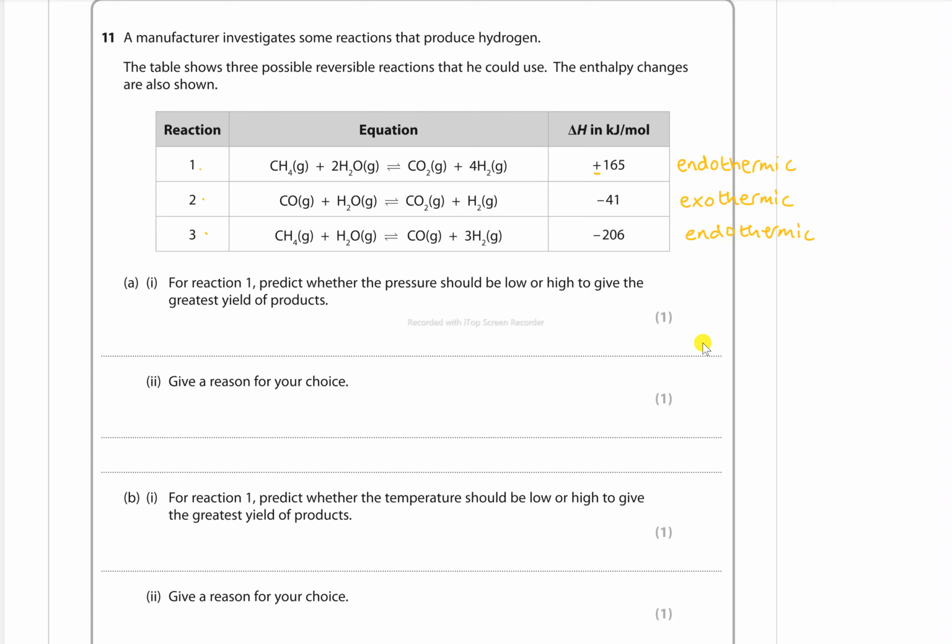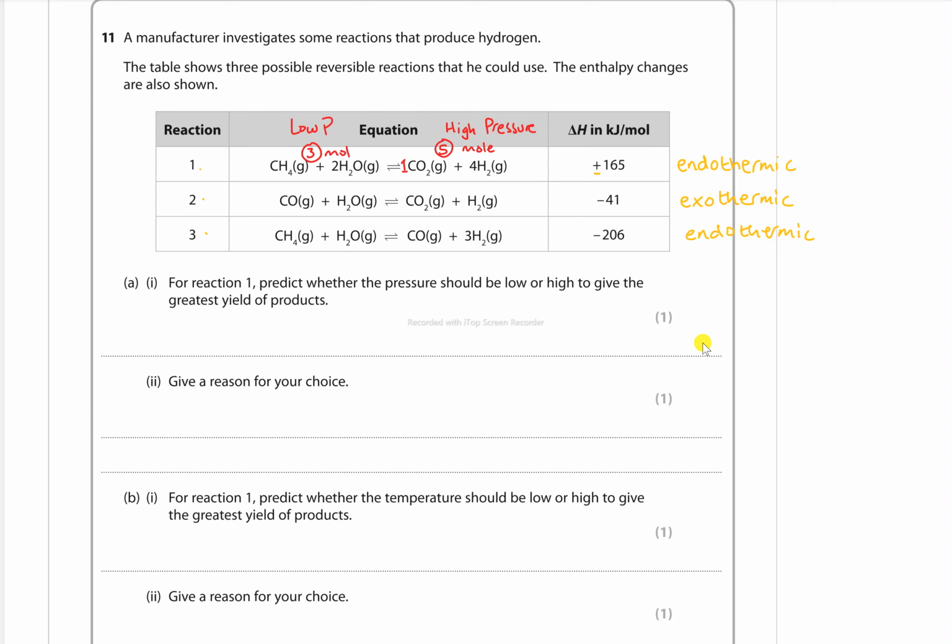You've got 1, 2, 3 moles here, or molecules. 1, 2, 3, 4, 5. Remember there's an invisible one there, so we've got 5 molecules here. I know straight away this is going to be the high pressure side, so that will be low pressure.